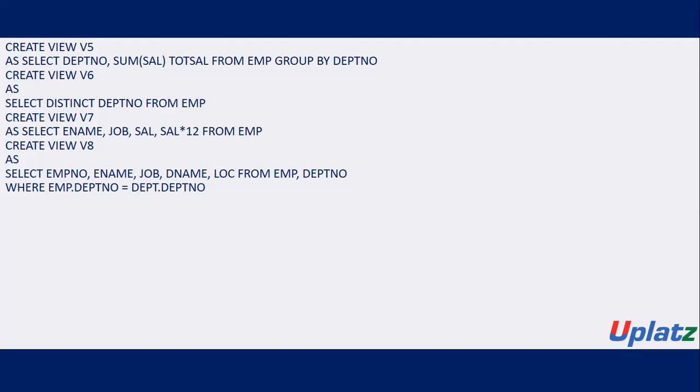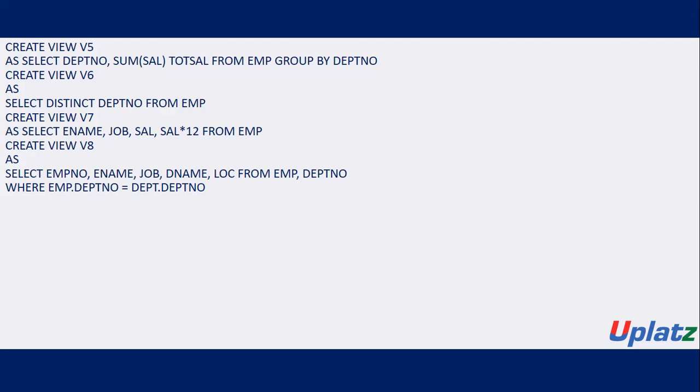Next example is create view V8 as select employee number, employee name, job, department name, location from employee, department where emp.department number is equal to department.department number.